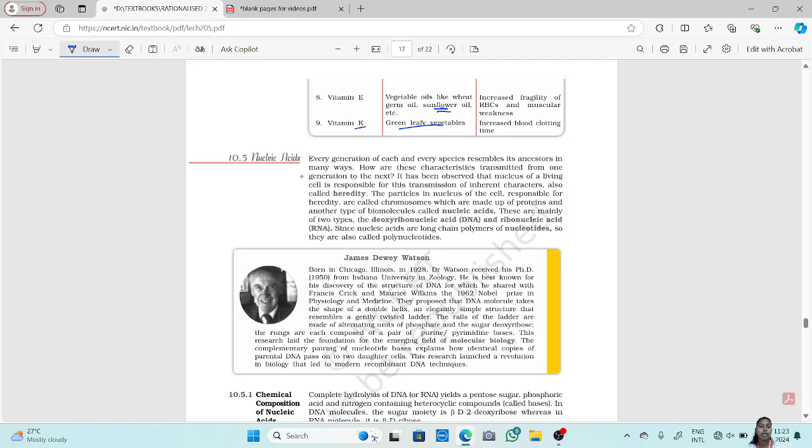Deficiency of vitamin K increases blood clotting time, because vitamin K is involved in the clotting of blood. So if there is a deficiency of vitamin K, the time taken to clot increases, so there will be continuous flow of blood.